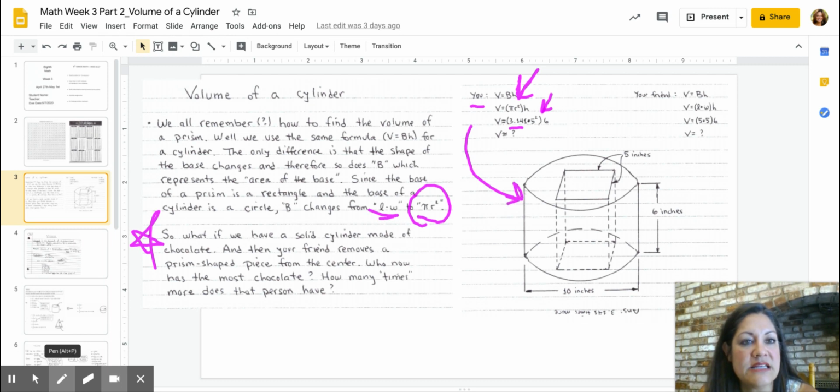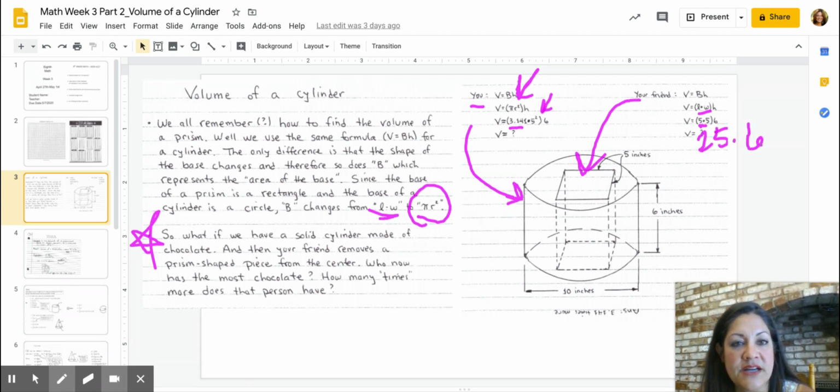And your friend is going to have this rectangular prism. So their volume is base times height, where the base is going to be length times width. Their length is 5. Width is 5. So that gives them 25 times 6. Over here, let's simplify. So we still have our 3.14, which is pi. But then look at this.